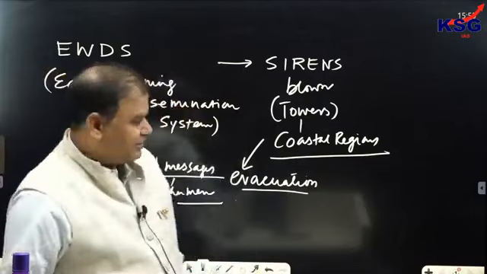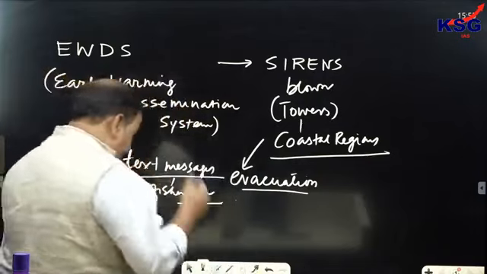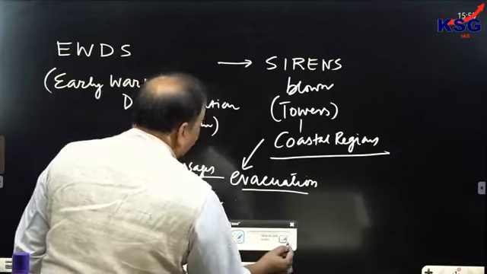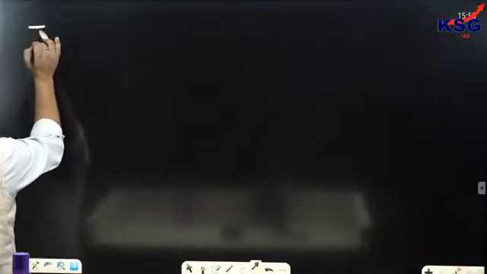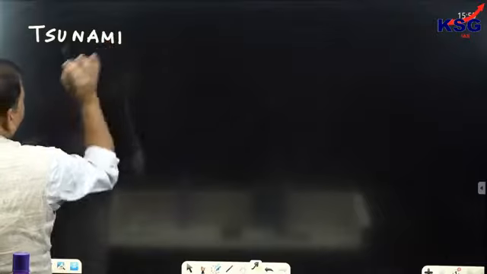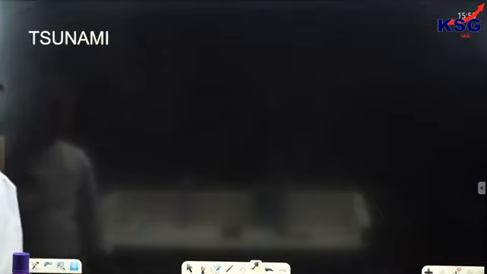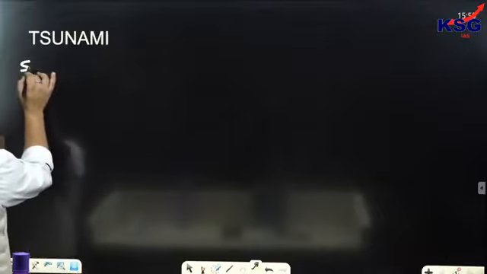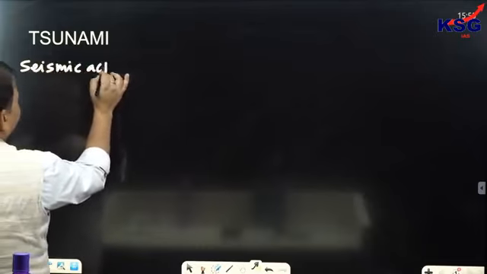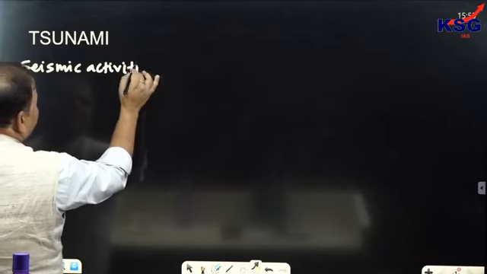Now, as far as tsunami is concerned, tsunami takes place mainly why? Because of seismic activities. That's the main reason, that seismic activities are responsible for tsunami.